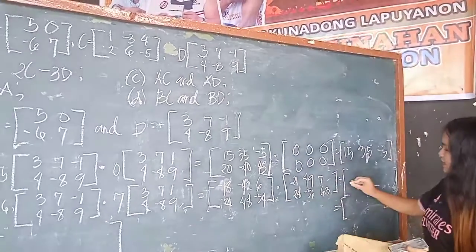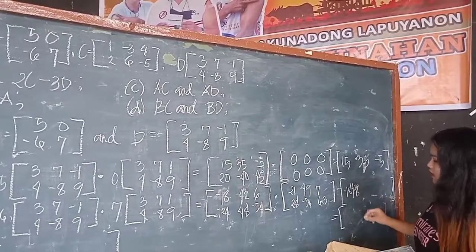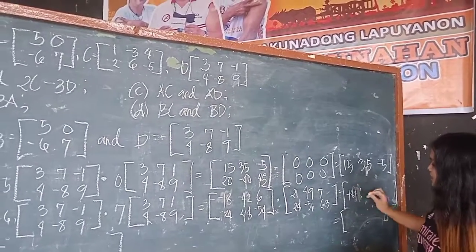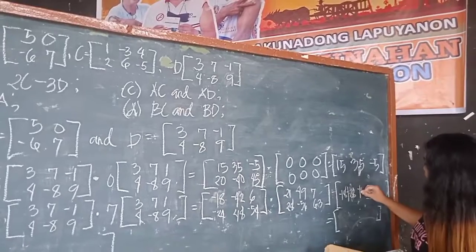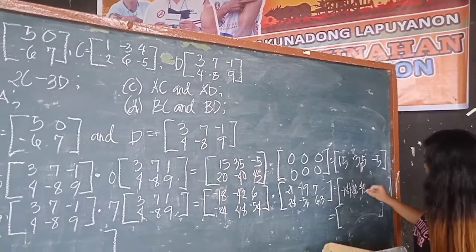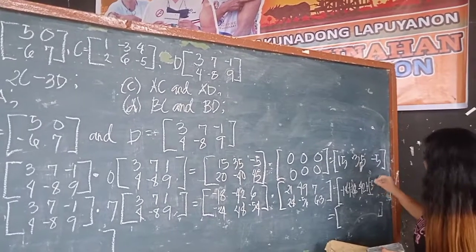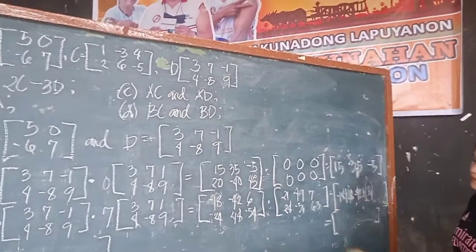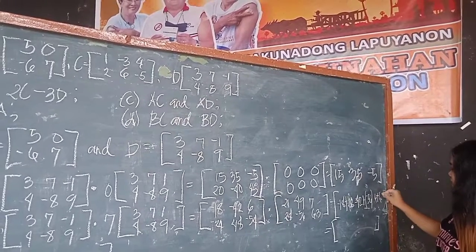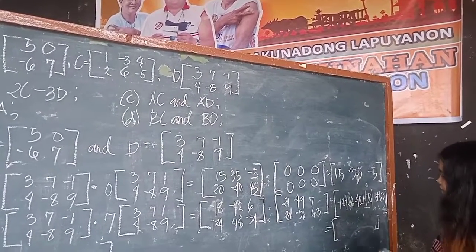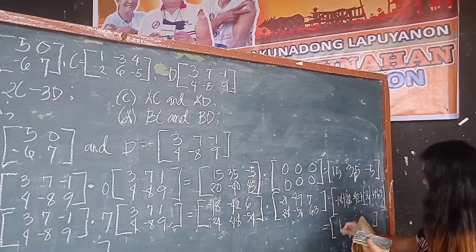So, i-add naman siya. Negative 18 plus 28. This is 28. Then, negative 42 plus negative 56. Then, negative 6 plus 63. So, negative 18 plus 28 is 10.